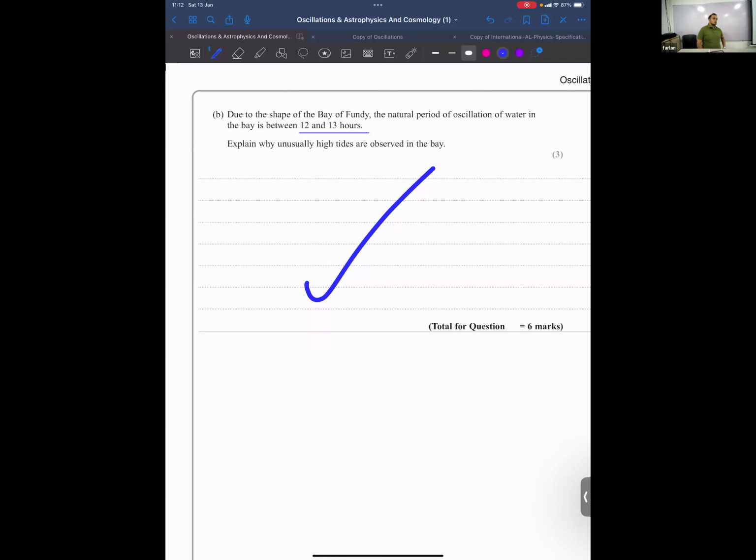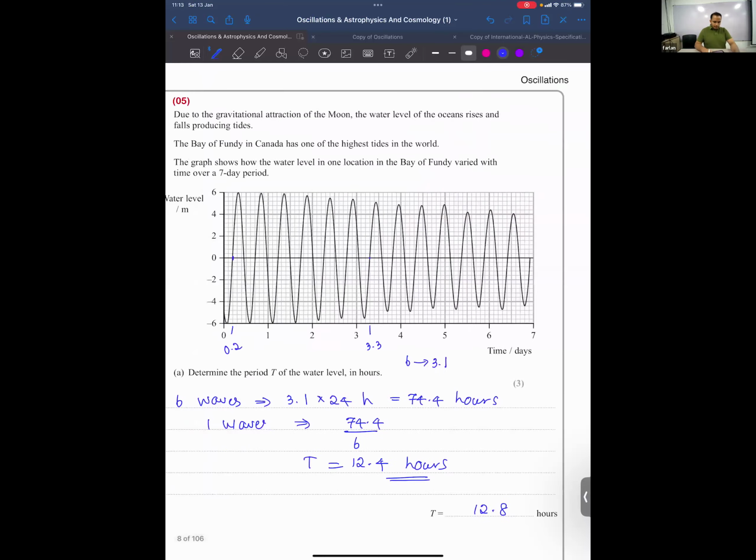Full stop. So the energy transfer to the water is maximum, and the amplitude of the waves will be maximum. Okay, right. So that was question 5.